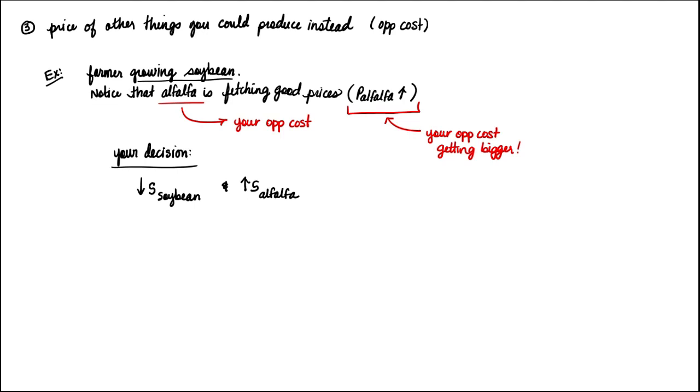So that's what we mean by the price of other things you could produce instead. If alfalfa is getting a really low price, then you don't have that big of an opportunity cost, and you might stick with what you're doing. But at some point, if the price of alfalfa gets high enough, you might change your mind. And so you decrease soybean so you can increase alfalfa.